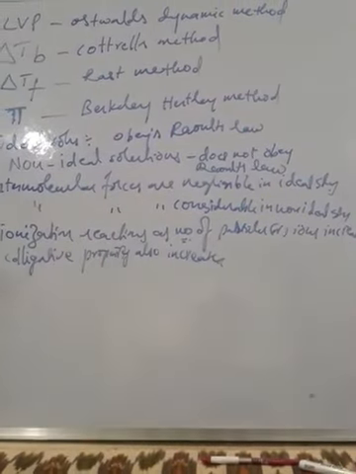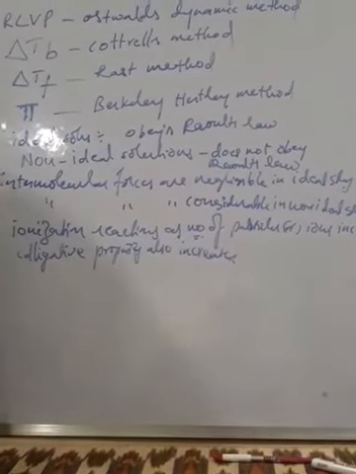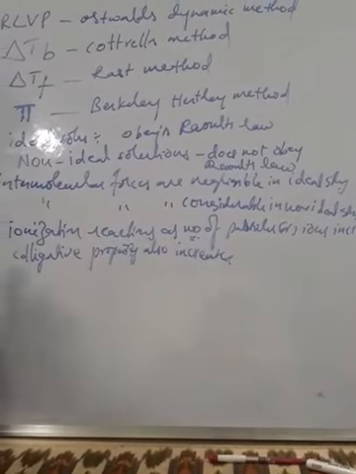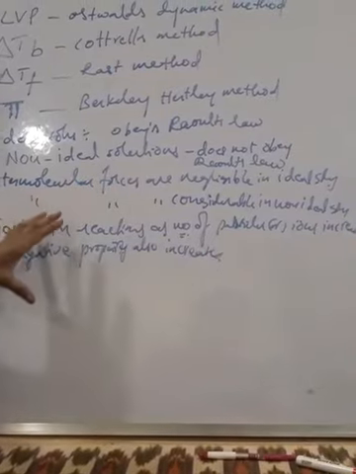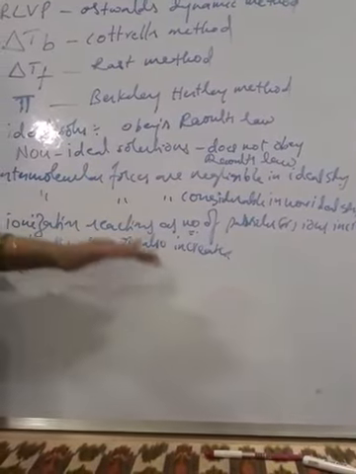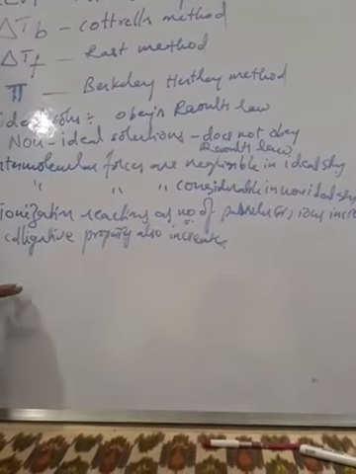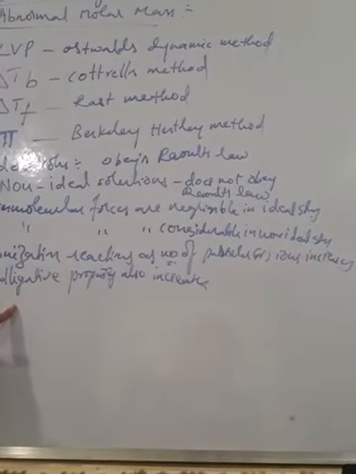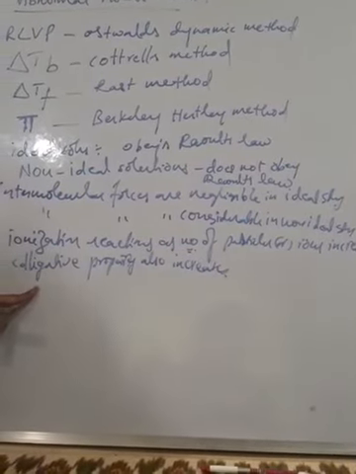When colligative property increases, the experimentally determined molecular mass is less than the true value. Why? Because colligative property is inversely proportional to the molecular mass of the solute.